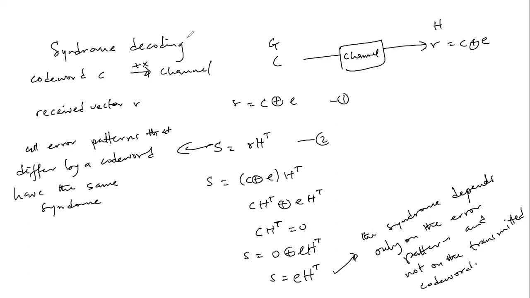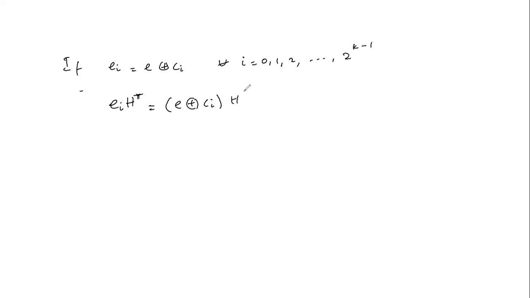That is, if the error E_i is the same as E plus C_i, for i taking on values from 0, 1, 2, all the way to 2 to the power of k minus 1, then if we multiply this expression by H transpose, that is E_i H transpose, we get E H transpose plus C_i H transpose, and H transpose once again was 0.